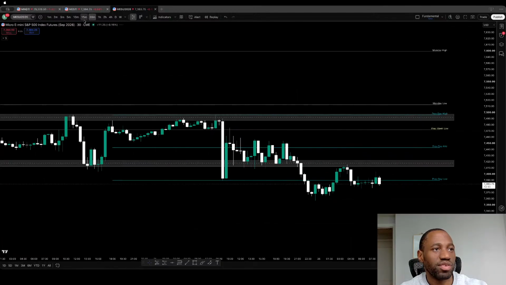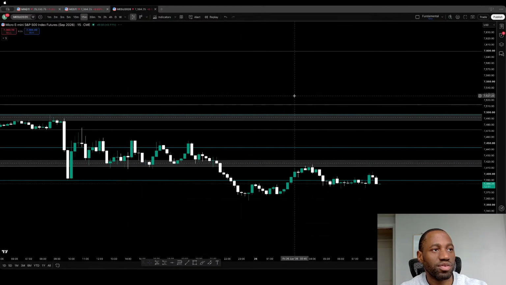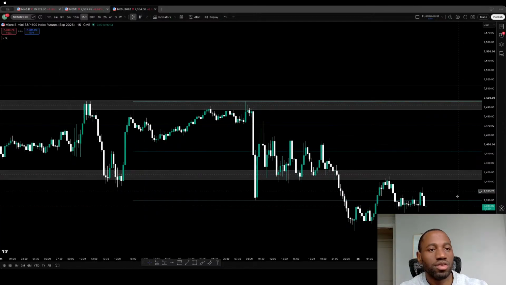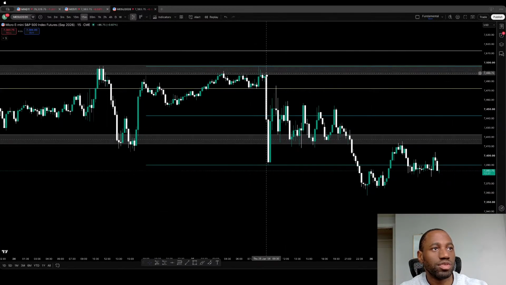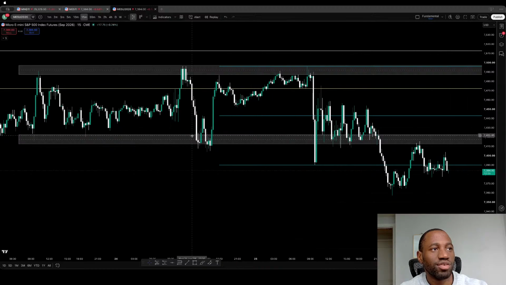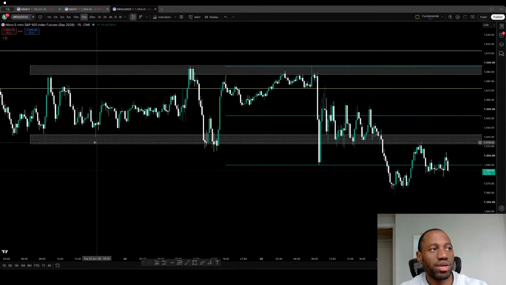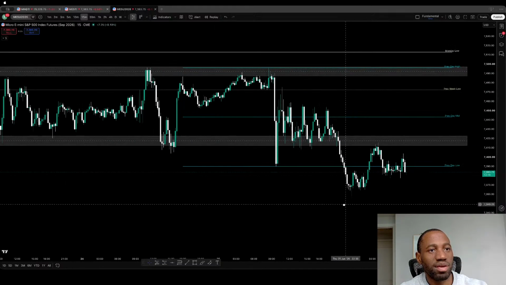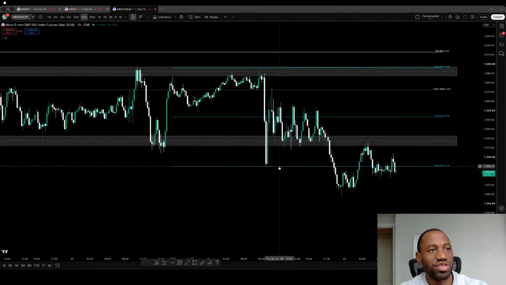Let's go on to 30 minutes so you can see it even better. Let's do the 15 actually. So you see how we sold off? So those lows that we had that were holding for the past 2 days, over Tuesday and Wednesday, the market took it right out, and we made a new low just under the 7,400, right?